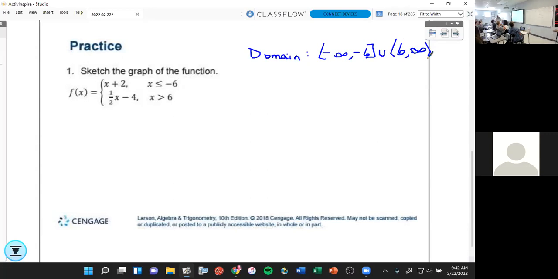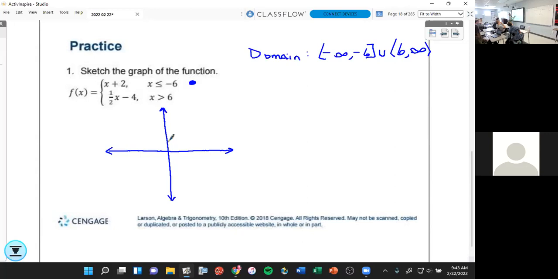So what would this look like? Okay, it just says sketch. I'm going to make it a very, very rough sketch. Let's look at this first piece here. What's that look like? Okay, so a line that intercepts here, but not really, because it doesn't exist here.